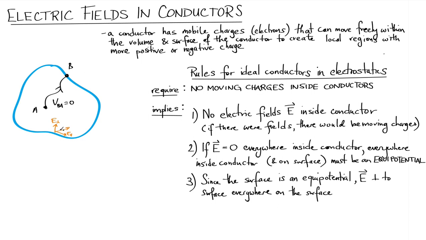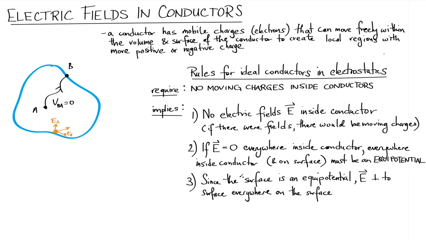If there is an E parallel component somewhere on the surface, then if I put a charge here, that electron will accelerate. If the electron is negatively charged, it'll accelerate in the opposite direction, but it will cause charges to move along the surface, and that violates our requirement.